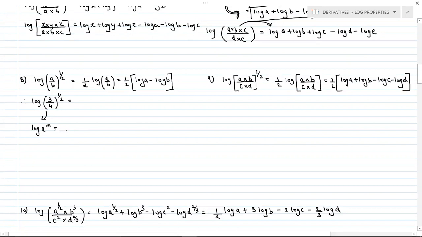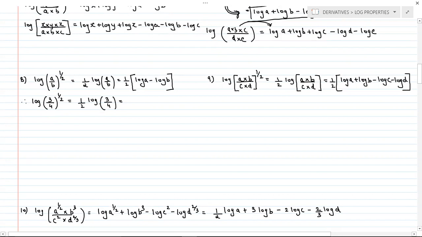According to the second property, it is m into log a. We can write any power as m into log a, yes or no? So in log of 3 upon 4, we consider 3 upon 4 as a and 1 by 2 as m. So log of 3 upon 4 raised to 1 by 2 can be written as 1 upon 2 log 3 upon 4.